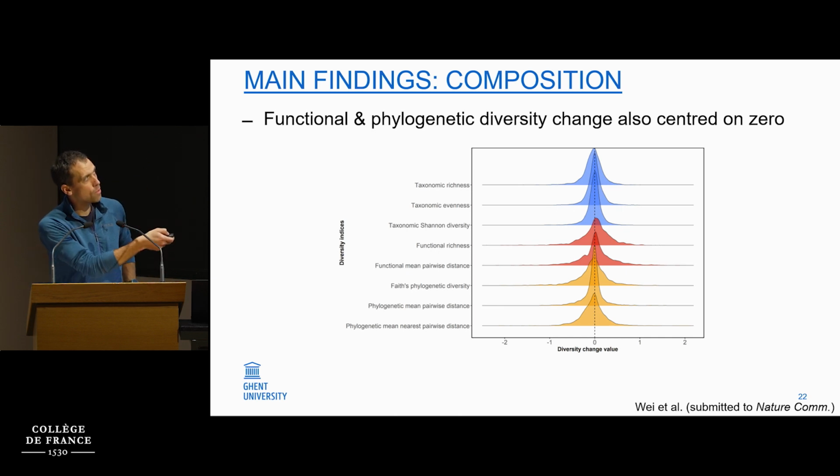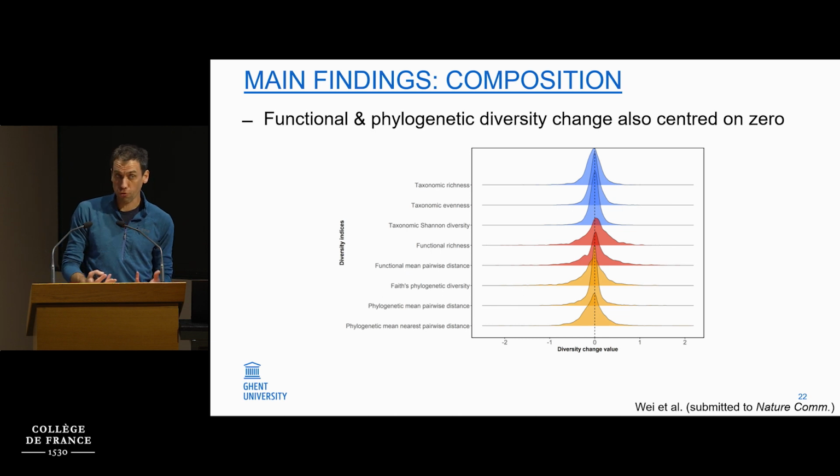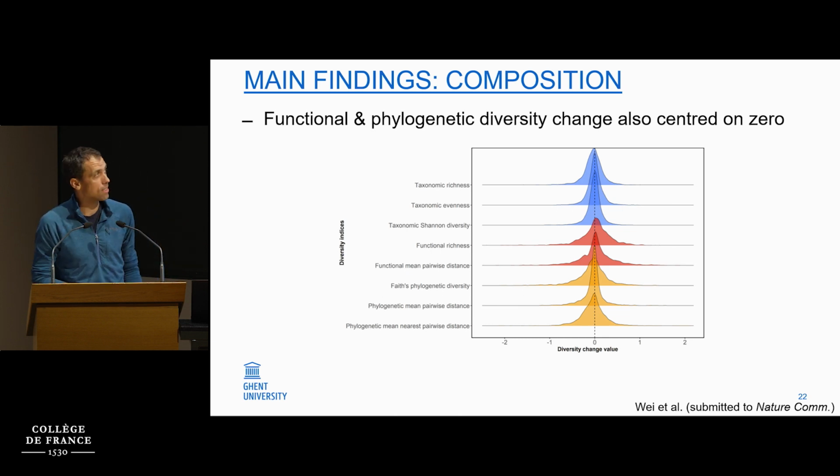But now we recently also did an analysis to look at functional diversity metrics, here in red, and phylogenetic diversity to see, are these changing also or more than only taxonomic richness? But it seems that overall, when you just average out all plots, also these metrics are centered on 0.